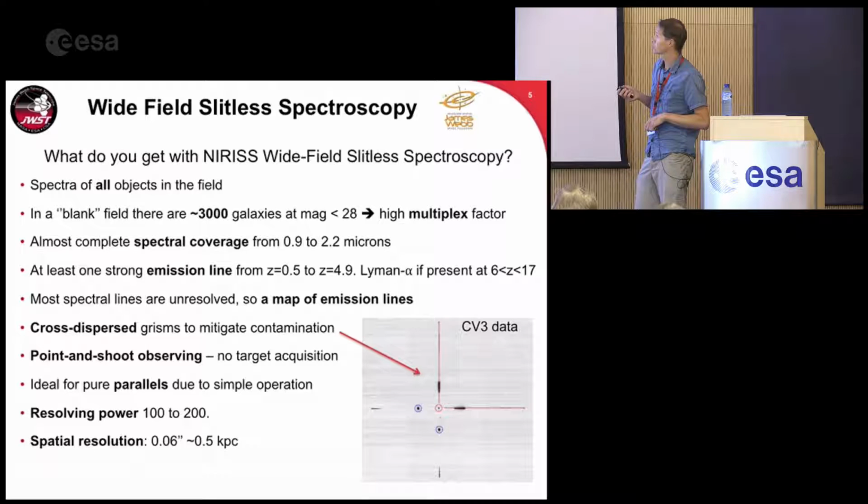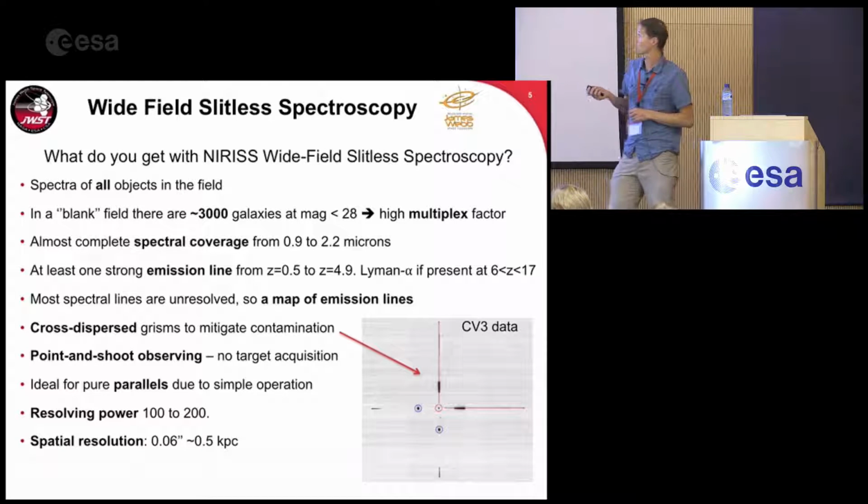The spectral coverage you can get is almost complete if you use 4 of the 6 filters between 0.9 and 2.2 microns. And that means over this observed wavelength range, you can get at least one strong emission line from redshift 0.5 up to redshift 5, and it covers Lyman alpha between redshift 6 and redshift 17.